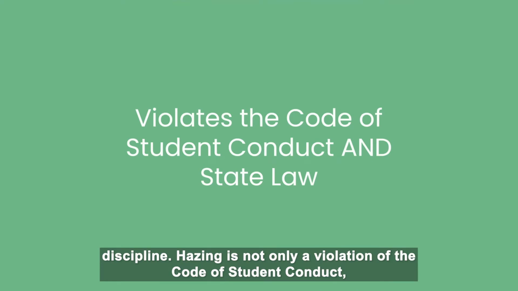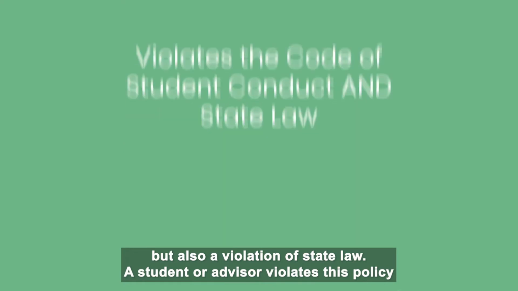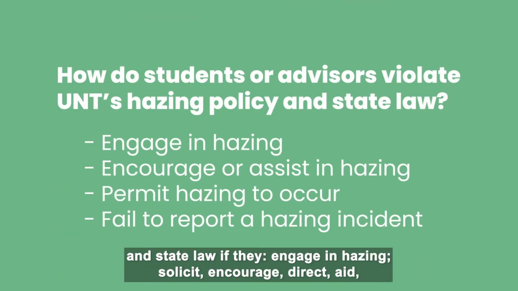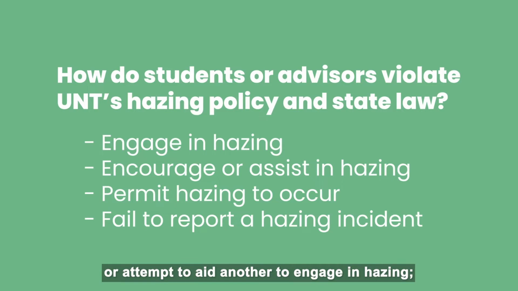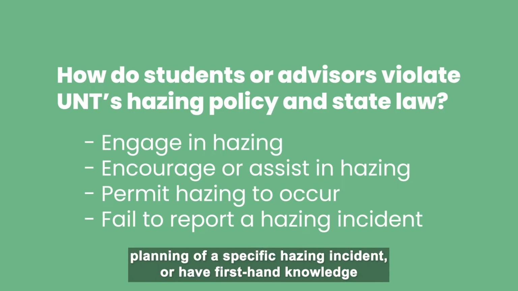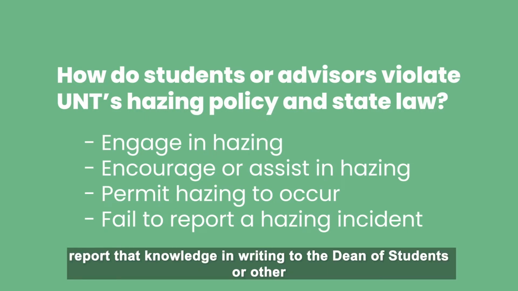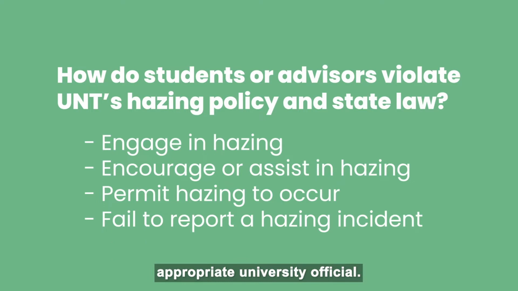Hazing is not only a violation of the Code of Student Conduct, but also a violation of state law. A student or advisor violates this policy and state law if they engage in hazing, solicit, encourage, direct, aid, or attempt to aid another to engage in hazing, recklessly permit hazing to occur, or have first-hand knowledge of the planning of a specific hazing incident, or have first-hand knowledge that a specific hazing incident has occurred, and knowingly fail to report that knowledge in writing to the Dean of Students or other appropriate university official.